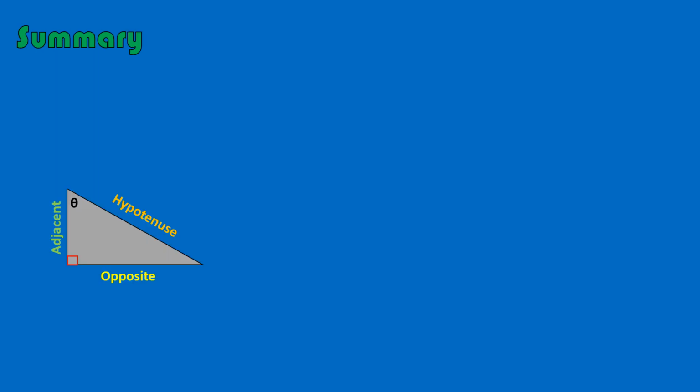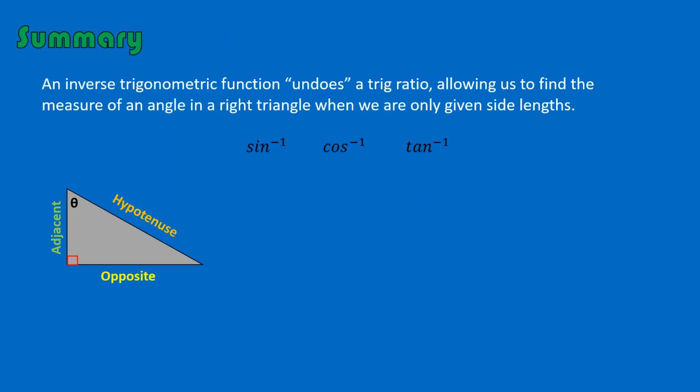But let's take this time now to summarize this lesson. So we have a right triangle, and we know how to label it opposite, adjacent, and hypotenuse. Today we looked at inverse trigonometric functions, which is how we kind of undo a trig ratio, and it allows us to find the measure of an angle when we only know the given sides. Remember, this is for right triangles only.